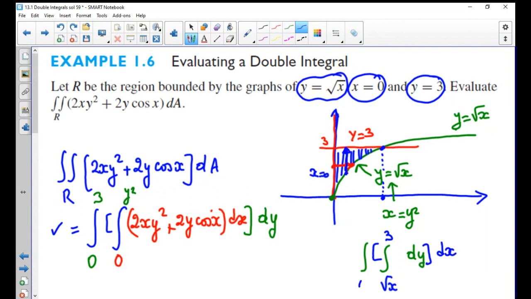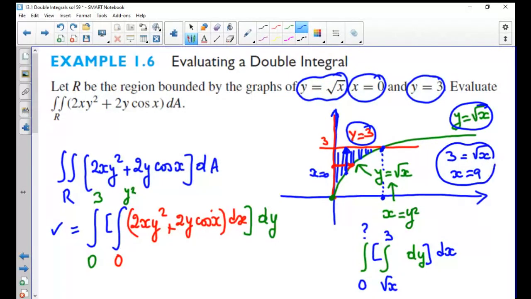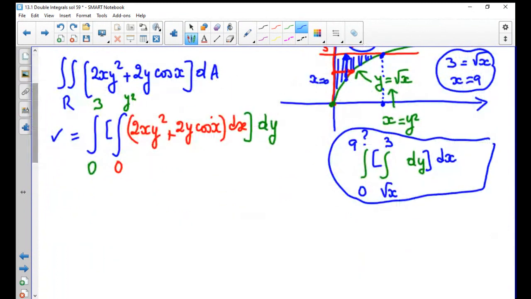What do you think this point will be? The intersection between y equals 3 and y equals square root of x. So 3 is square root of x, so x will be not 3, 9. Yes, exactly. So this point will be 9. So it can be done like this, but we will do it with respect to x first.